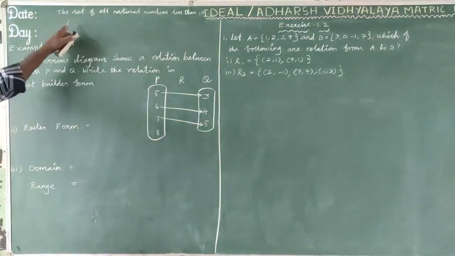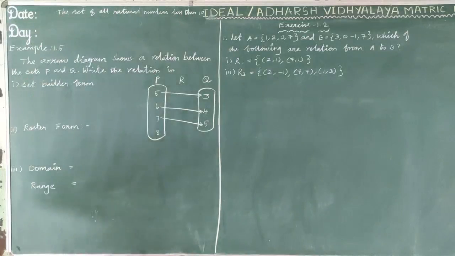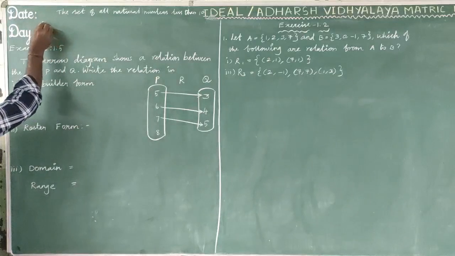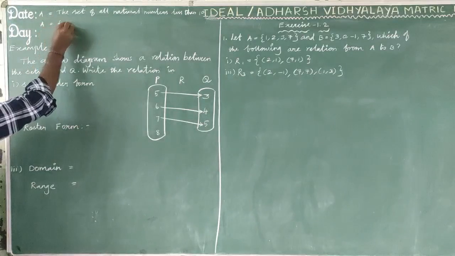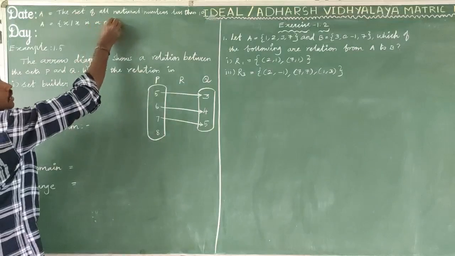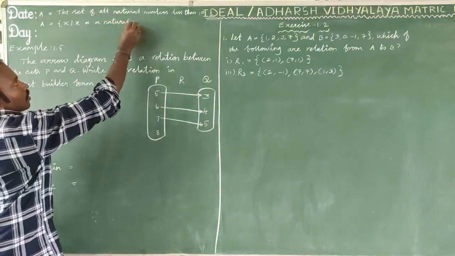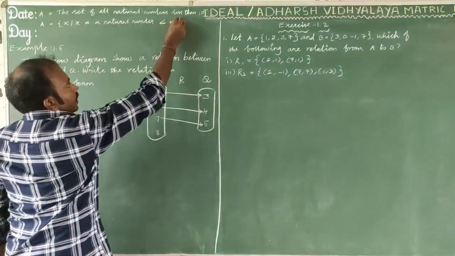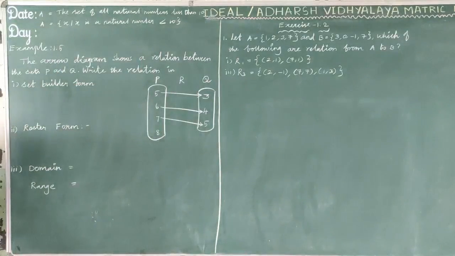That is descriptive form. Next one, set builder form, that is rule form. That is set A. Then A = {x : x is a natural number less than 10}. That is set builder form.